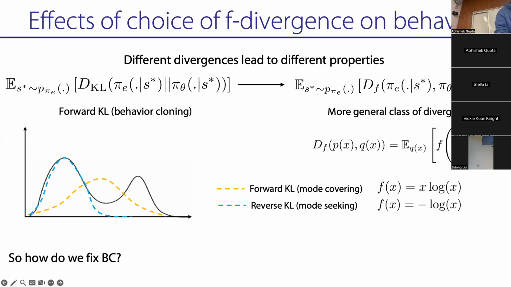So in the reverse KL, your objective is going to be expectation under pi theta of log pi theta over pi e, right? Now the tricky part here is that you do not know the form of pi e. And the second tricky part is that you have to take samples from pi theta. Was someone going to say something? No exploration.